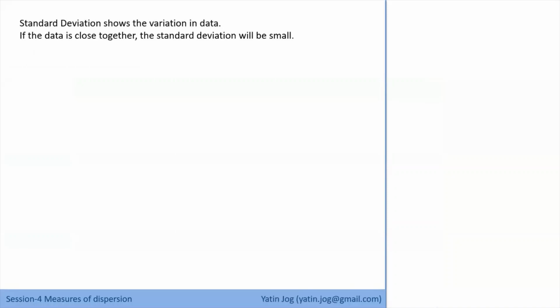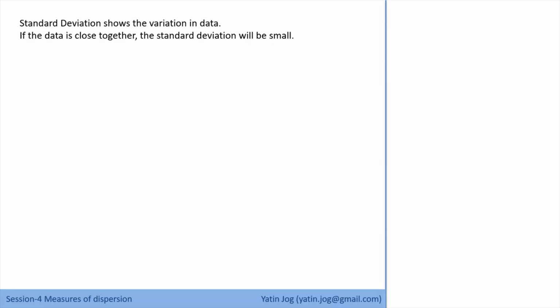If the data points are very close to the mean, close together, the standard deviation value has to be small. And if the data is spread out, the variation is more, and the standard deviation value will be large.